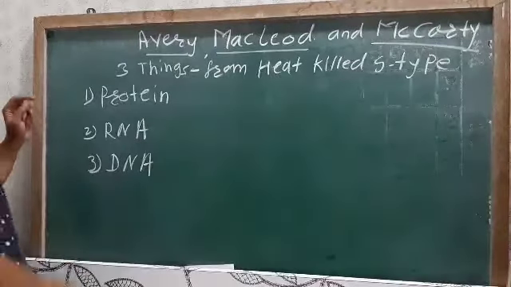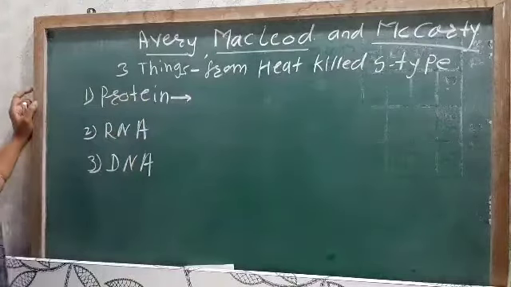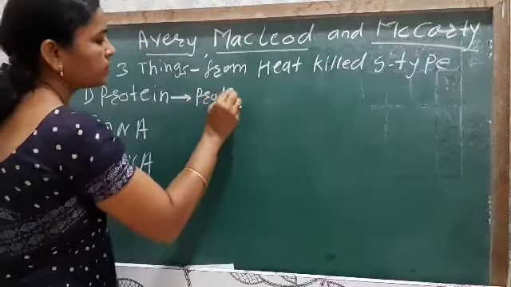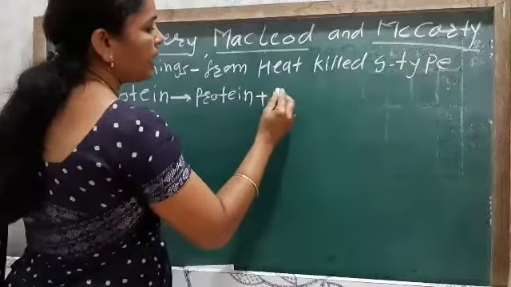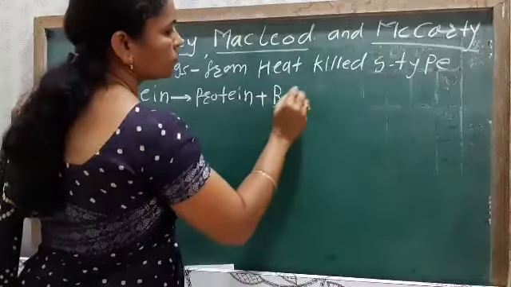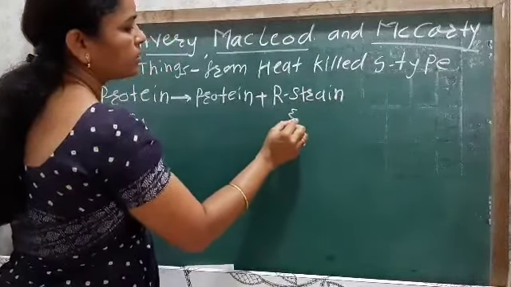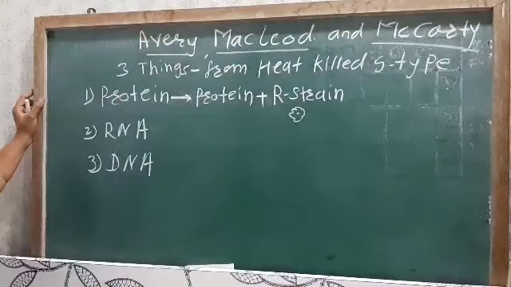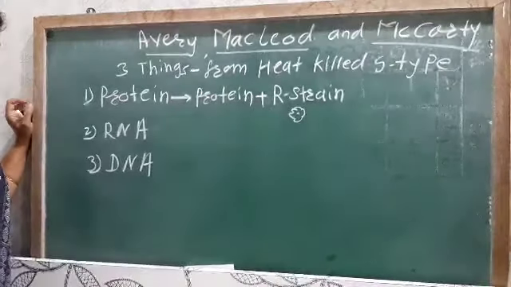Then first, in protein, he added the R strain, R type bacteria, which are the rough bacteria, and observed which type of bacteria are seen.